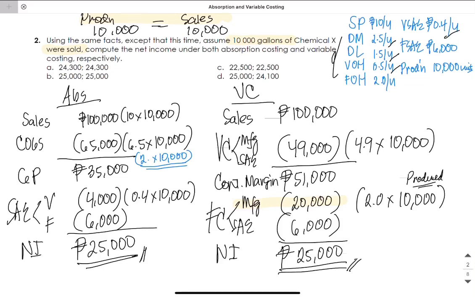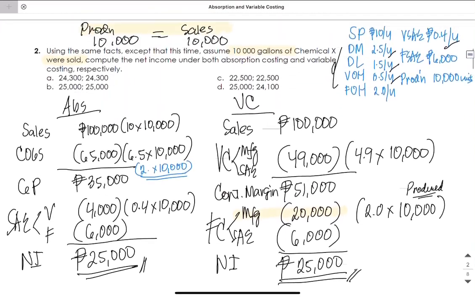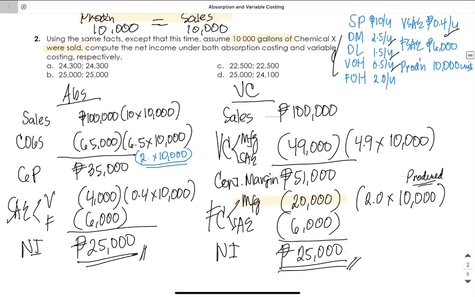Under absorption costing, we multiply the fixed overhead rate by the number of units sold, unlike in variable costing, by the number of units produced. Since production is equal to sales, the fixed overhead costs recognized in the income statement under the two costing methods are the same. So that's it for question number 2. Let's proceed to question number 3.